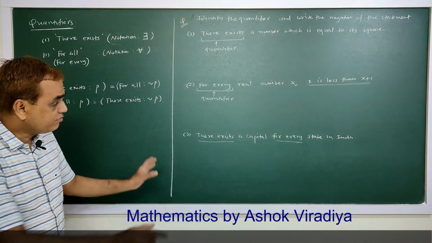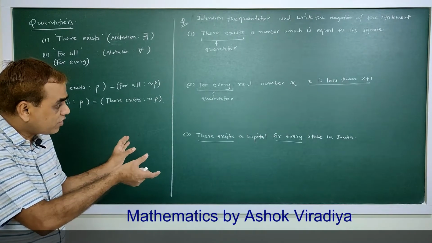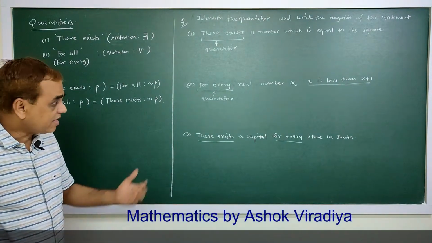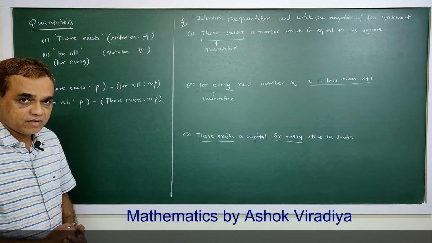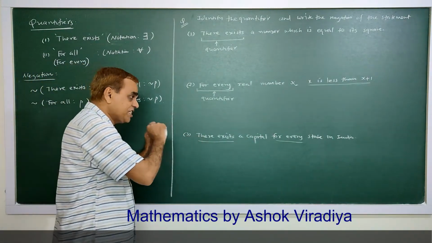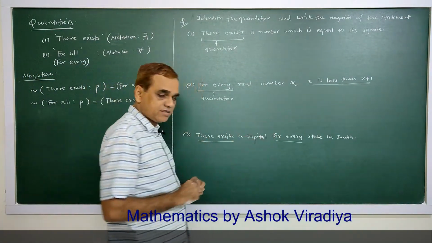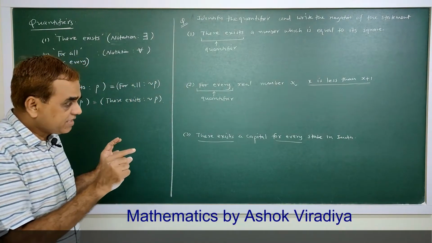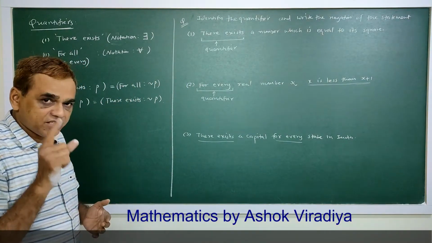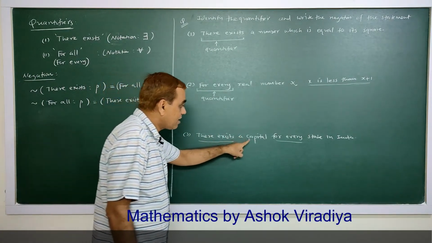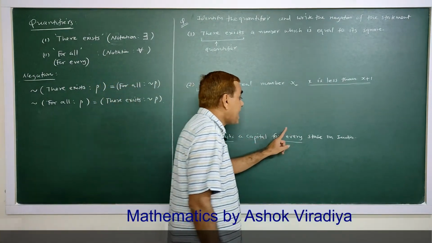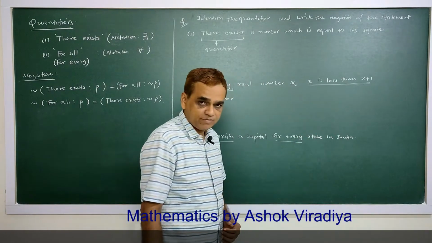Now there may be confusion about which one is the quantifier, "there exists" or "for every". So observe this statement properly. If you read it properly, see again, I am reading this statement: there exists a capital for every state in India.